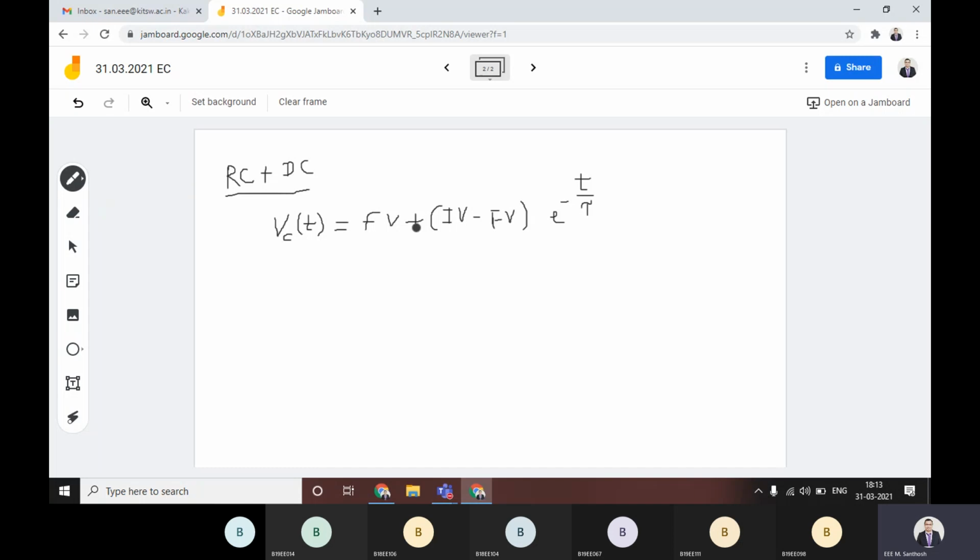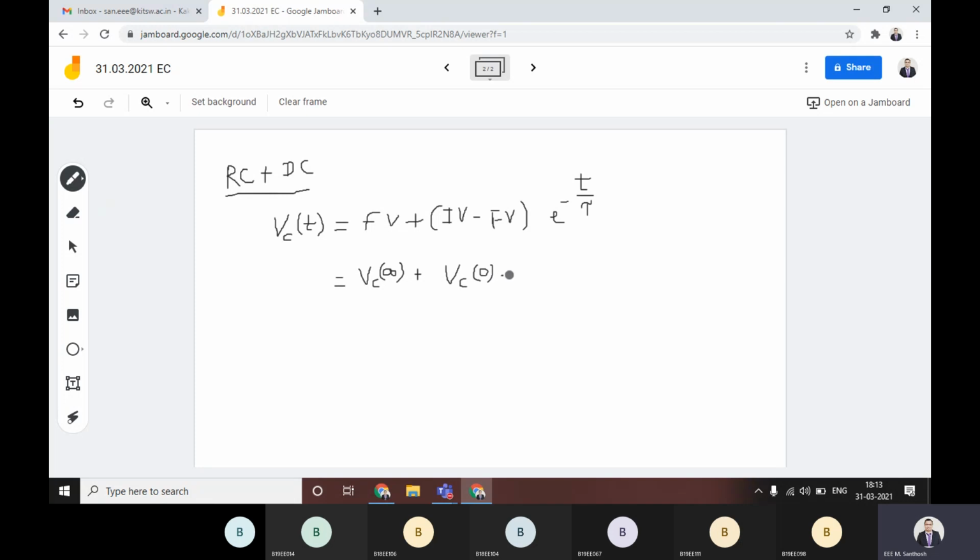This thing you know. Here in the final value case, it is with the capacitance. You will get that final value at steady state. For that reason, the time is equal to infinity. Okay. Then initial value is at 0.